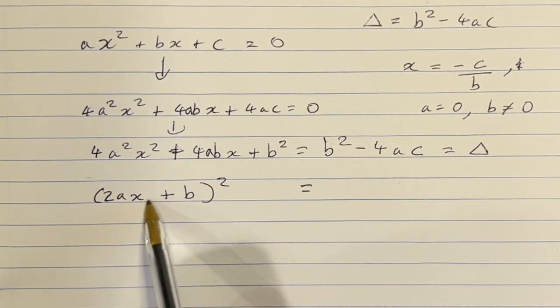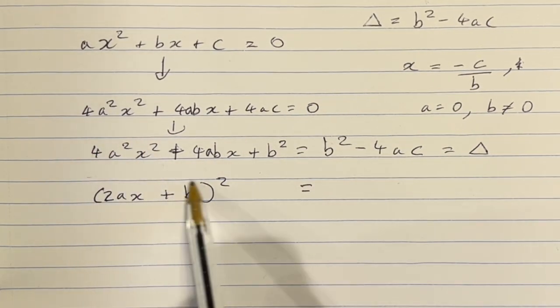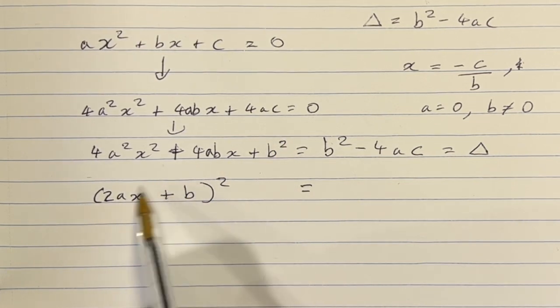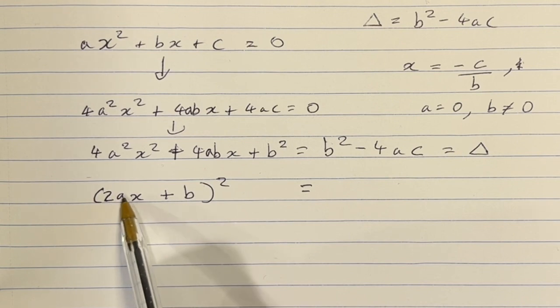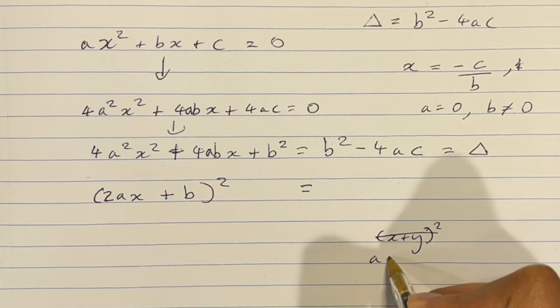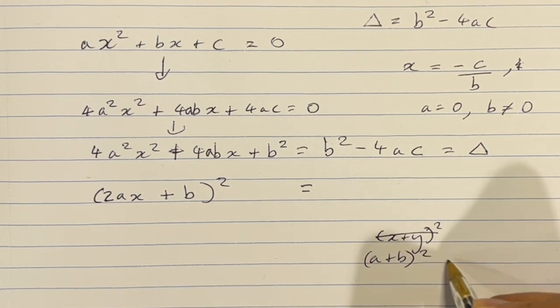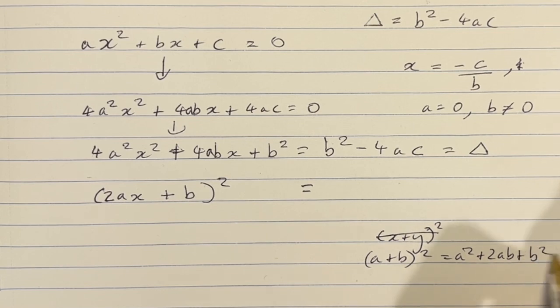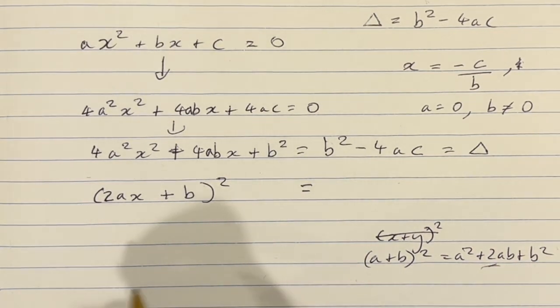Obviously 2ax squared would give us this term, b squared would give us this term, and the cross term, if we multiply these two together, then we get 2abx, but then we get it twice, right? Because (a plus b) squared is like a squared plus 2ab plus b squared, this 2 here. And so we get this as a factorization.